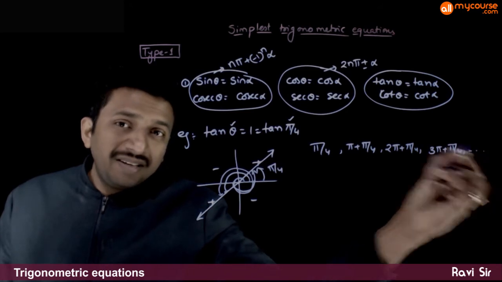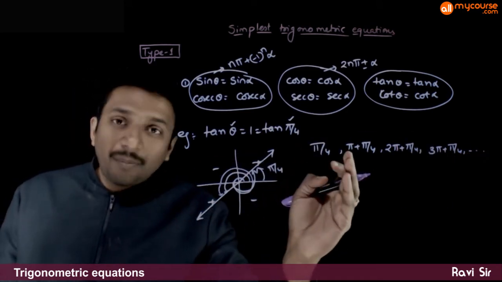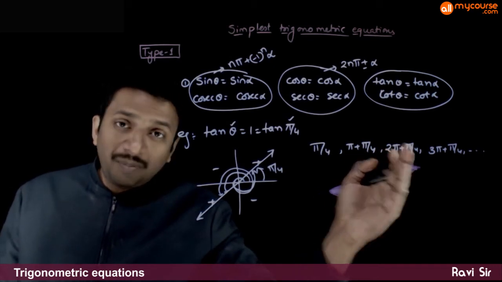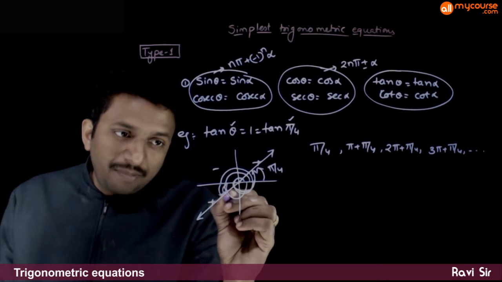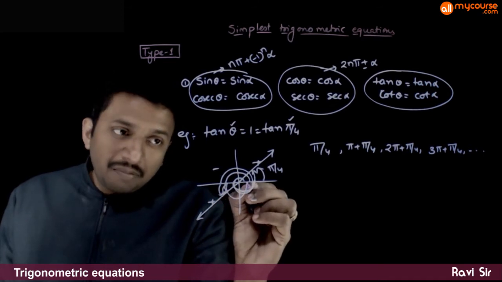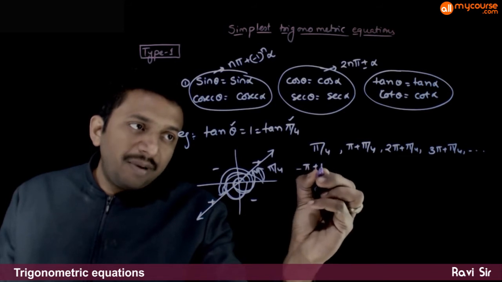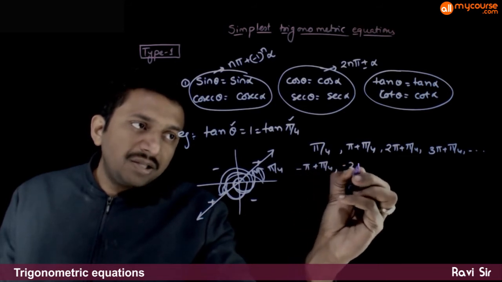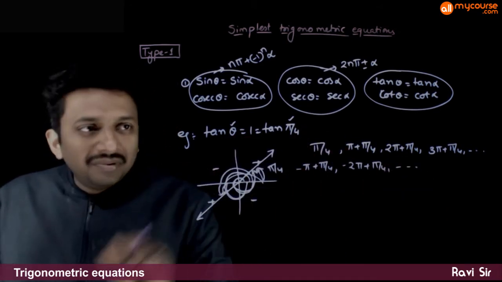I hope you're able to see the pattern here. So pi by 4, pi plus pi by 4, 2 pi plus pi by 4, 3 pi plus pi by 4. You can also have negative values: minus pi plus pi by 4, minus 2 pi plus pi by 4, and so on. All these are solutions to this equation.